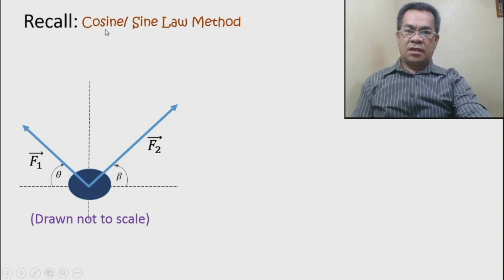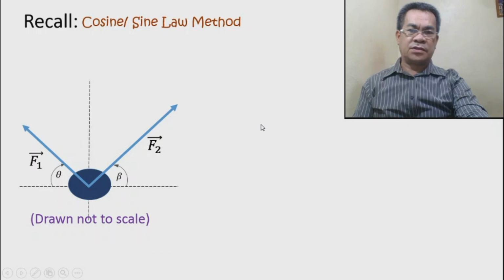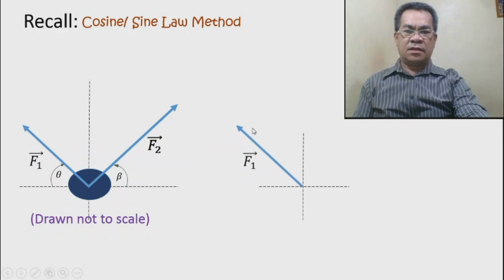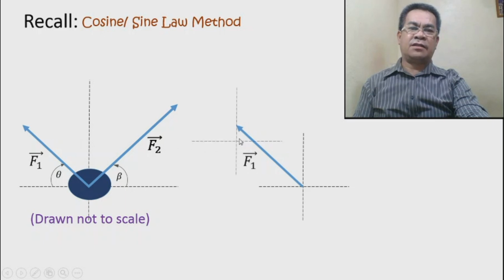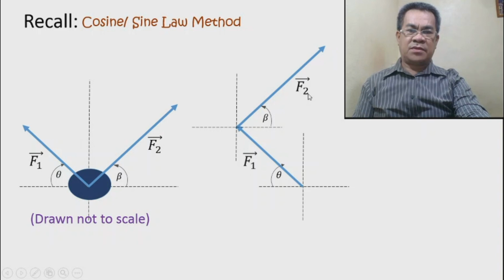In part 3 of the video, we learned that the cosine law and sine law can be used if we have a triangle. So in order to form a triangle, let us connect these two forces into a polygon. We have to decide a point, then reconstruct F1, then connect F2 at the tip of F1 so that we have this tail-tip combination.